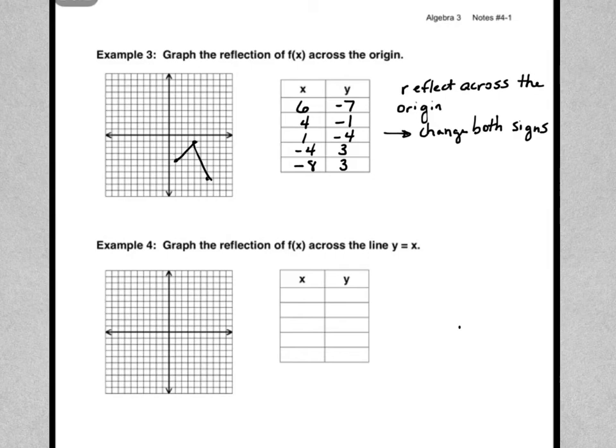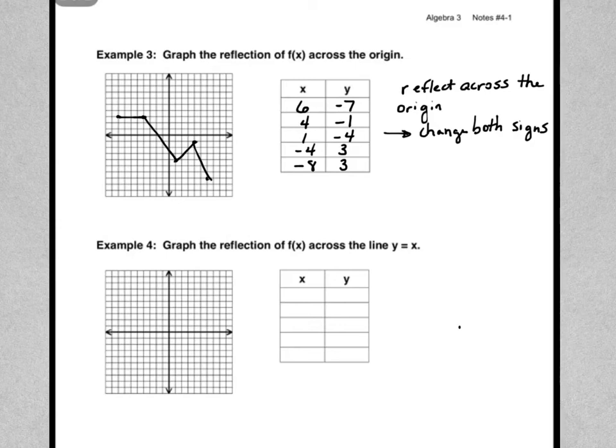Negative 4, 3, and then 8, 3. Okay, and so that's what origin reflection would look like. And I'm doing this really pretty quickly, but I think you can get it.